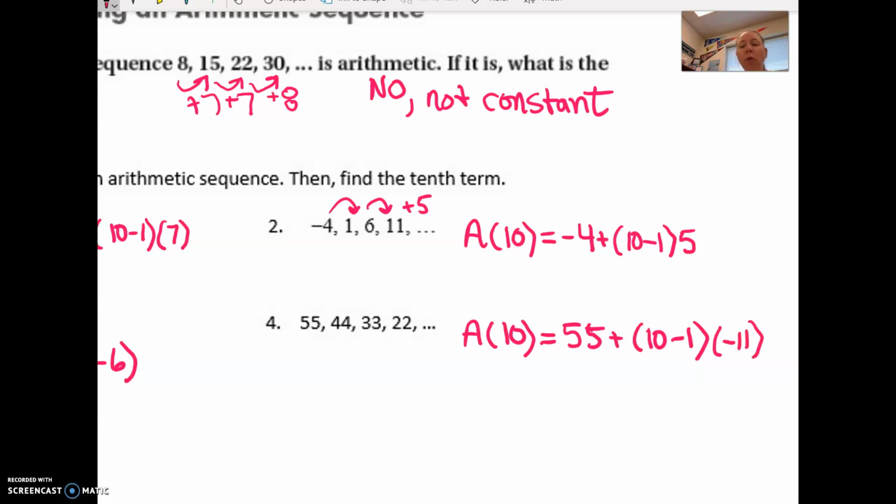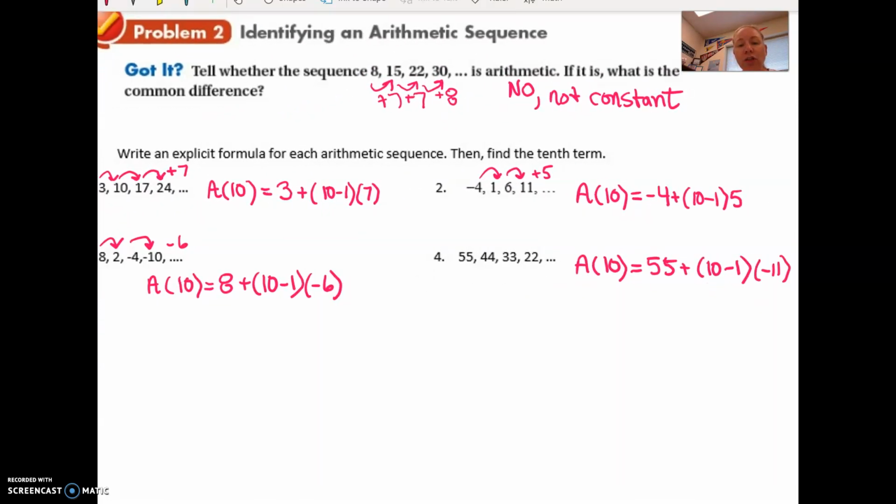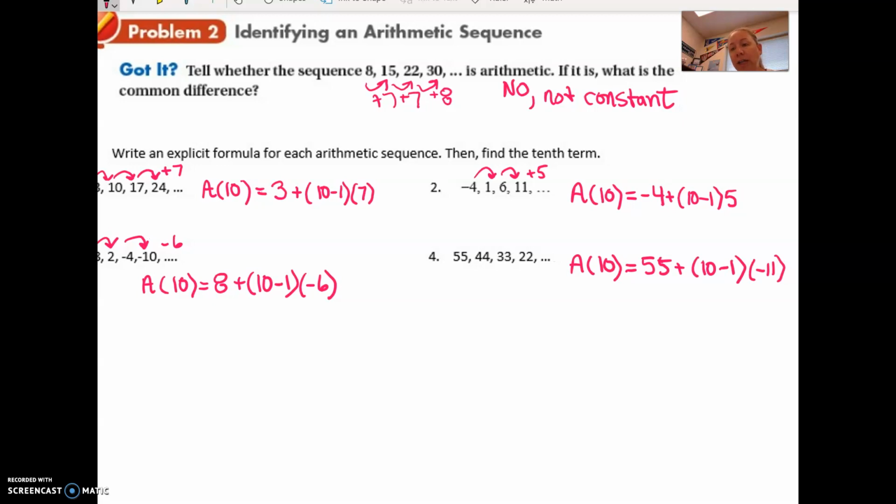At that point, all we need to do is plug those into our calculator or use order of operations. Make sure you do parentheses and multiplication before you do addition. Always want to have that order of operations in the back of your mind, okay? So we should end up with number 1 getting 66 for our 10th term in the pattern.